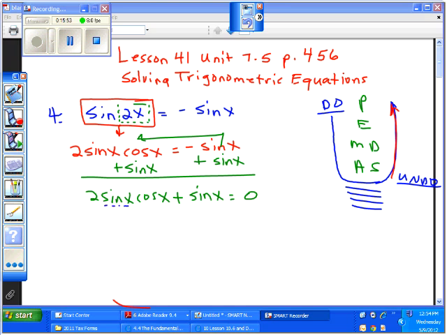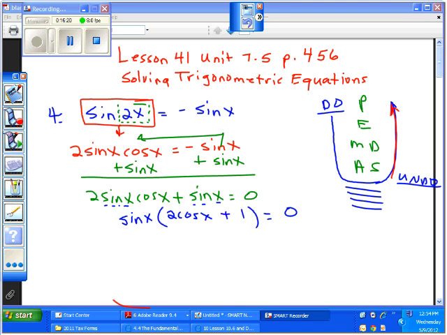And then I could say, well, I see a common factor of sine x that I can factor off. So I'm going to pull off that common factor sine x. And I would have sine x times what is 2 sine x cosine x? Well, 2 cosine x. And then sine x times what is sine x? 1.